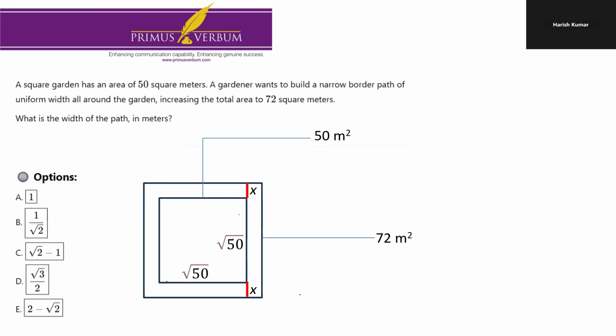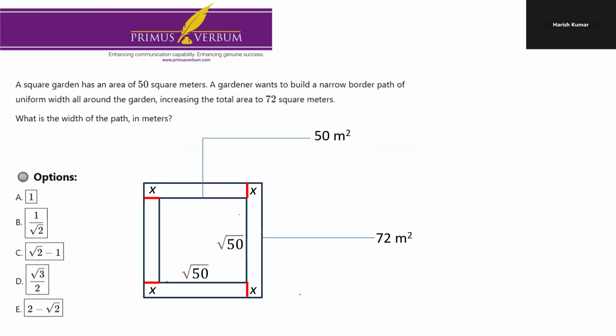And this width is not just in the two places that I've indicated, it is also there vertically. Vertically and horizontally, the width is denoted by x because it's a square, it's equal in both the vertical and horizontal dimensions.